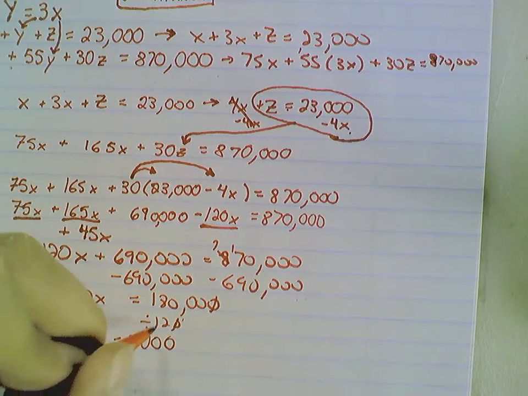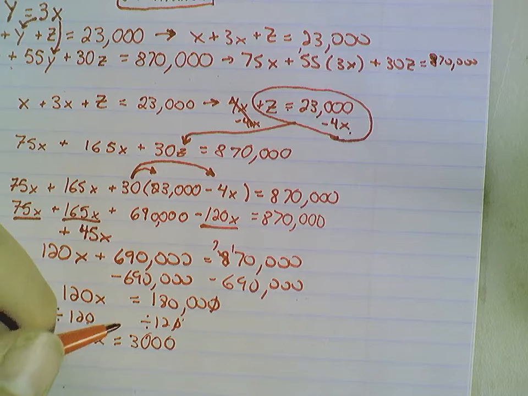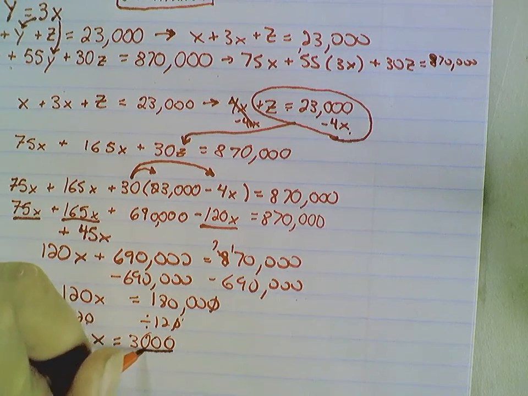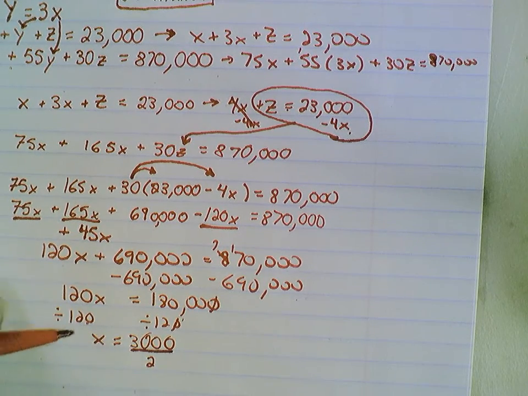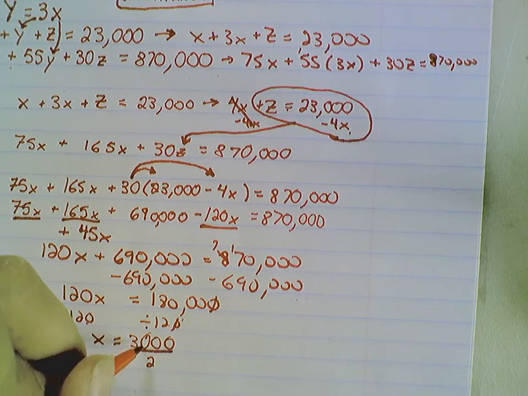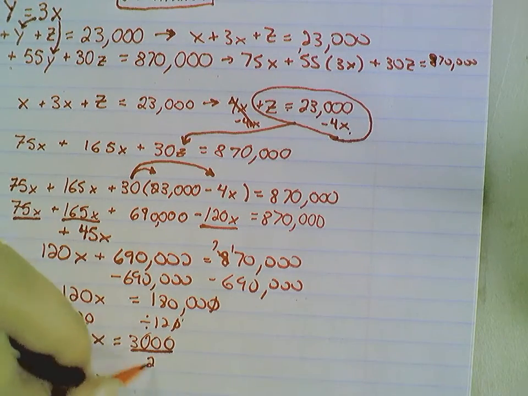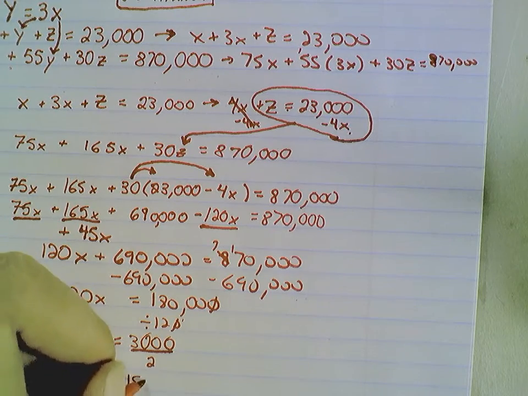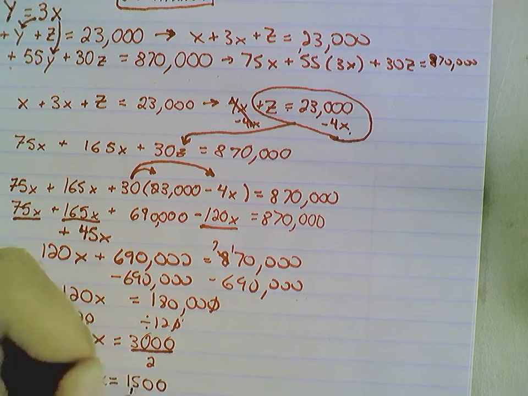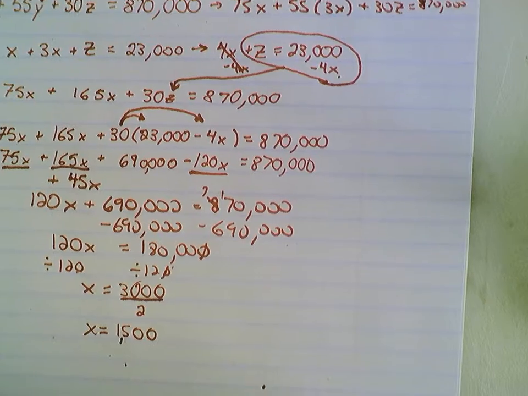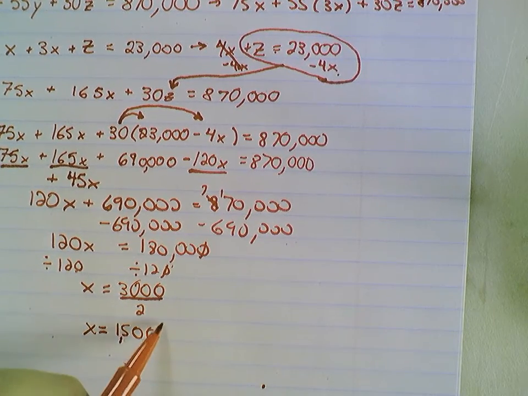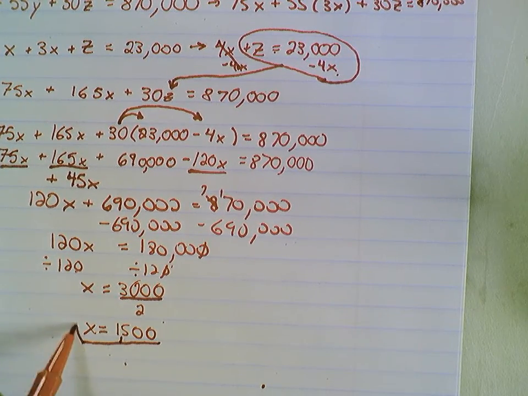If I take a 6 out of the bottom one, I'll be left with 2. And then I just divide this top number by 2, so I'll get x equals 3,000 divided by 2 is really 1,500.